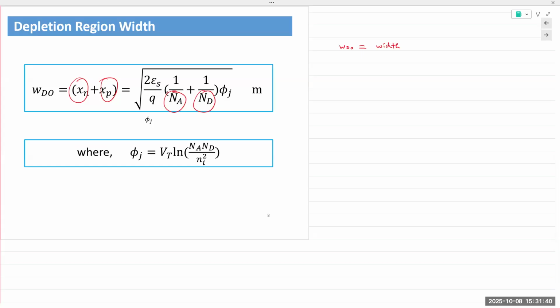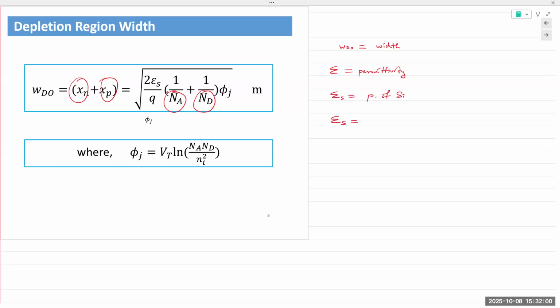Epsilon itself is permittivity. Epsilon S, permittivity of silicon.